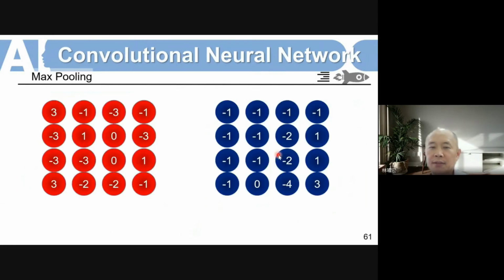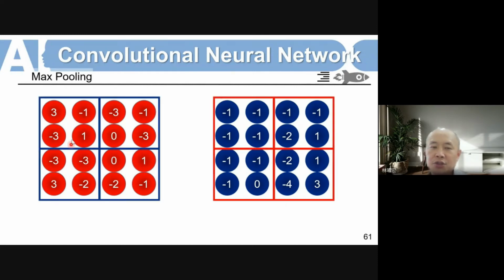The pooling is quite simple. In a feature map, we have the two feature maps from the convolutions. Then we divide into cells, or pools, with a fixed pool size, such as here a 2x2 pool size.